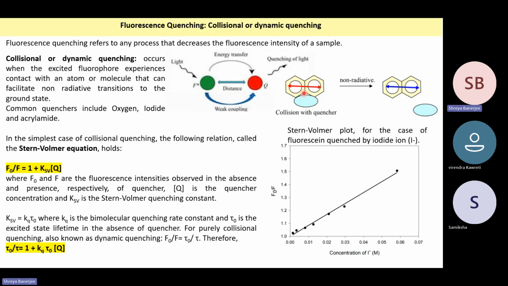So this molecule, naphthalene, has a certain fluorescence intensity. But suppose there is some other impurity in the solution. An impurity like this can be oxygen or iodide or acrylamide. These are molecules which will collide with the fluorophore, and the energy will be transferred to this molecule. So the energy is being transferred to the quenching molecule, and so fluorescence does not happen, or the intensity of fluorescence decreases.